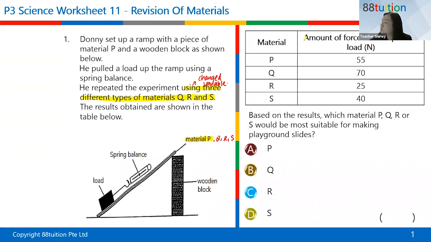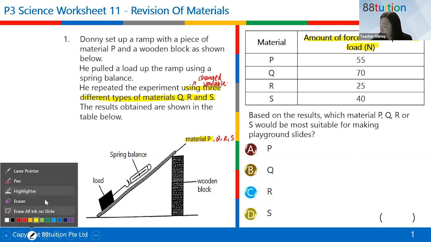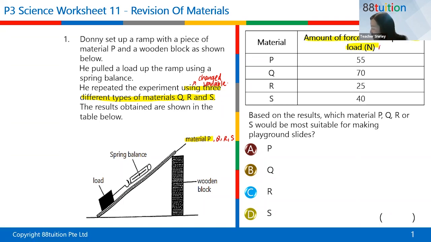If you look closely at the table on the right, you notice that this is the one they're measuring. They're trying to measure the amount of force that is used to pull the load. So this is the measured variable. We are changing the type of material, and then we want to see how much force is needed to pull up the load on a different material.